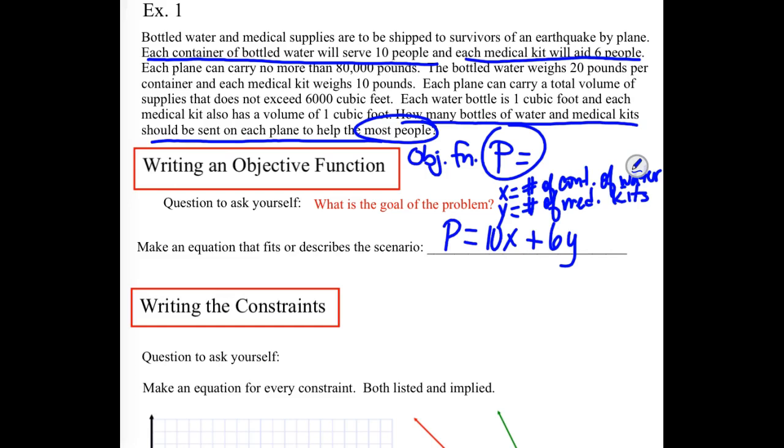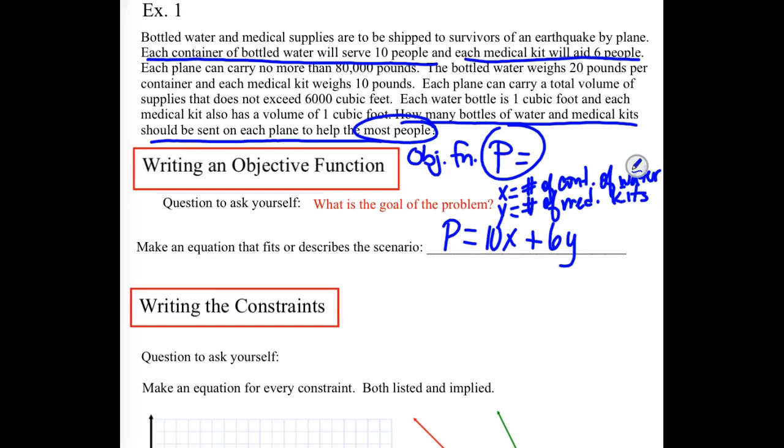Our next line here says, each plane can carry no more than 80,000 pounds. Okay? We're given a weight restriction. So we have a constraint that deals with weight.